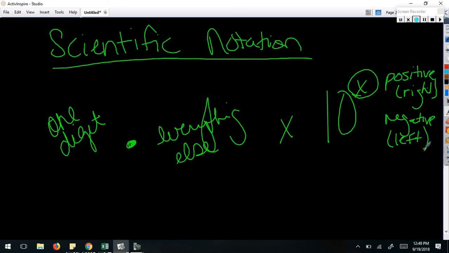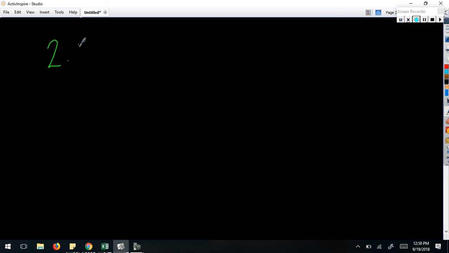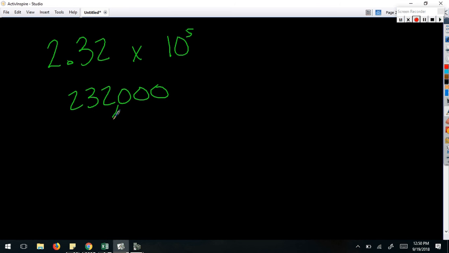Let me give you an example. 2.32 times 10 to the 5th. Okay? So this is a big number, right? I'd move it over, 2, 3, 2, that's 2, 3, 4, 5. It would actually be 232,000, right? Move the decimal to the right 5 times.